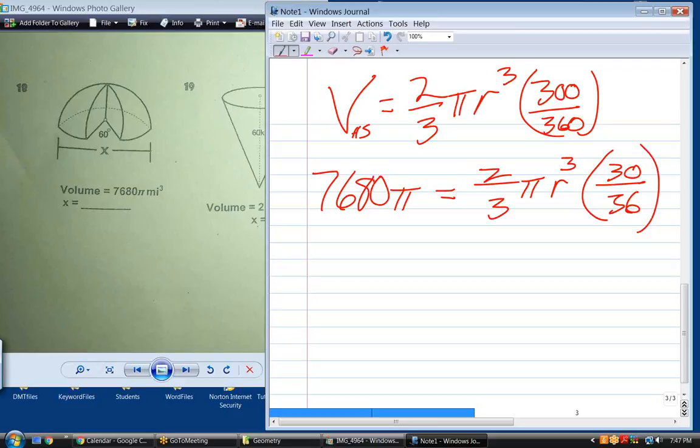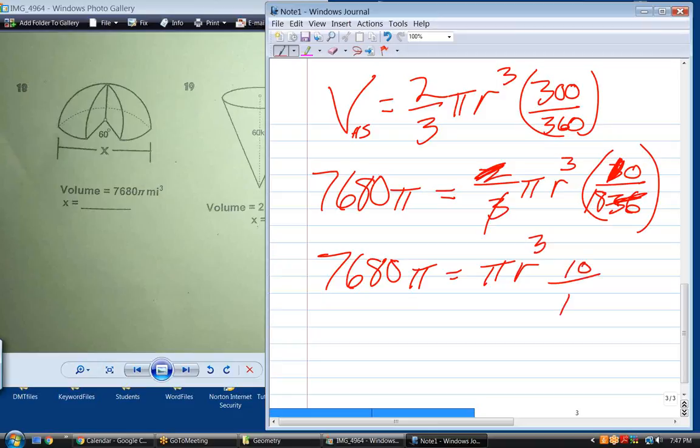In other words, I still can do a lot more simplification, right? I can cross out that 3, make that a 10. I can cross out that 2, make that an 18. Now what do I have? 7680 pi equals pi r cubed times 10 over 18.